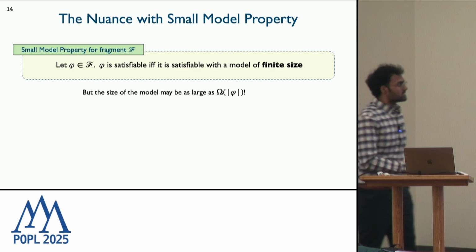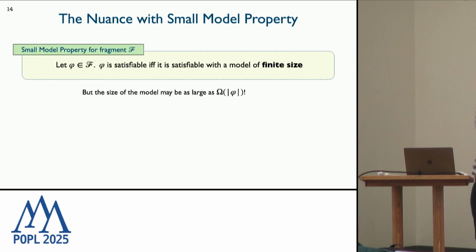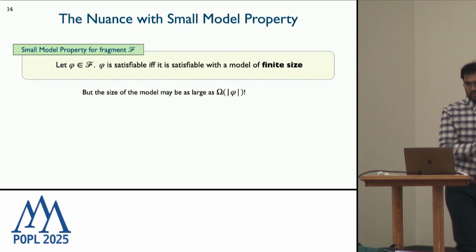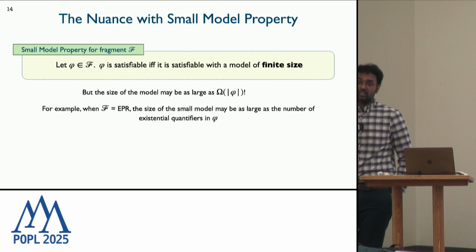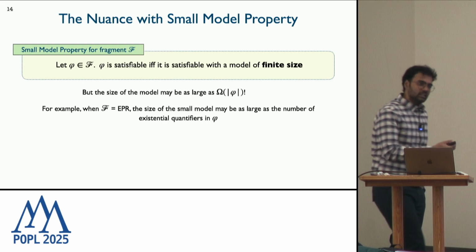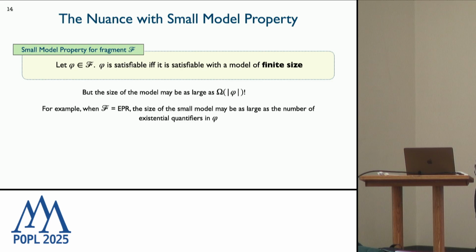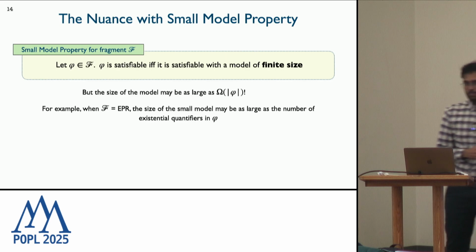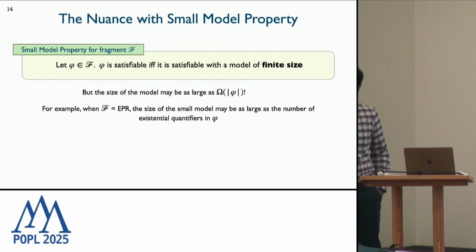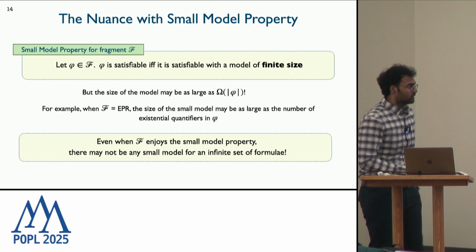Now, the nuance here is that that bound may be dependent on the size of the formula. In particular, for example, if you look at the EPR class, that bound is really the number of existential quantifiers that you have in your formulae. Now, this doesn't gel well when you have an infinite set of formulae. So that's why we have to strengthen this condition.